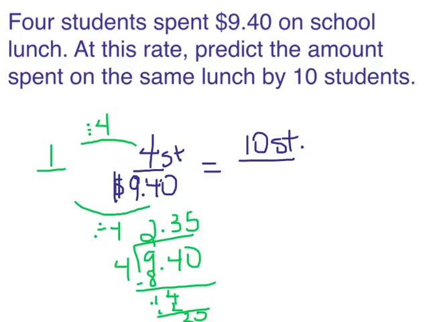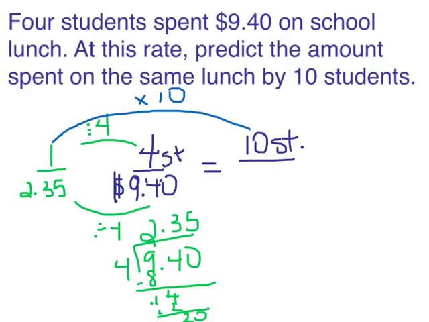So $9.40 divided by 4 is $2.35. Now that I have my unit rate, one student costs $2.35, I can easily figure out what the rate is to turn 1 into 10. So if I multiply 1 times 10, I get 10.